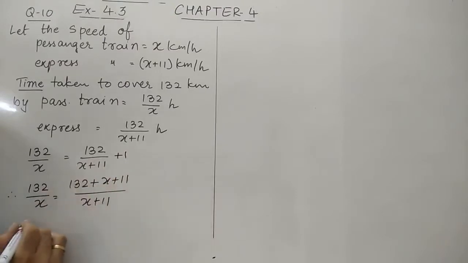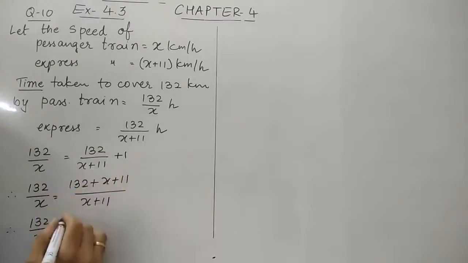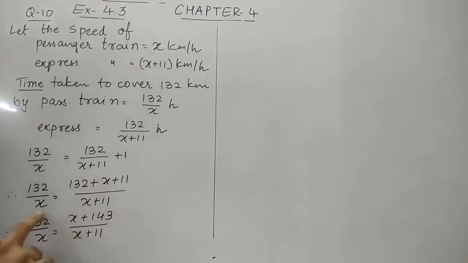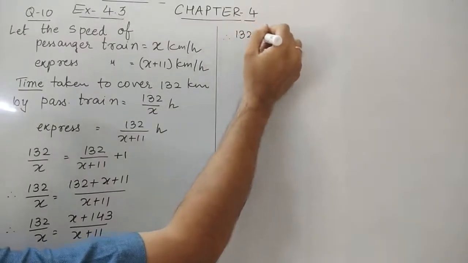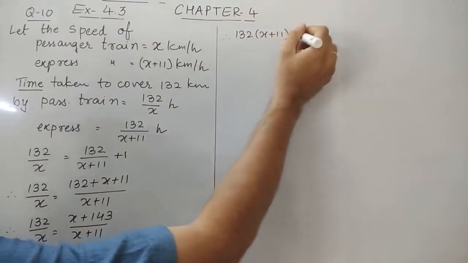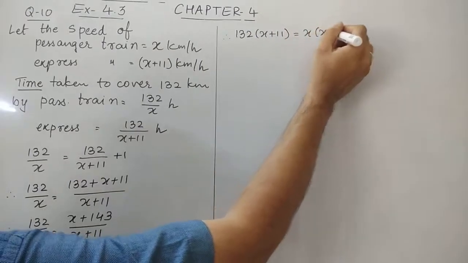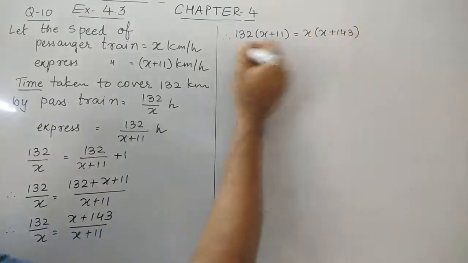So now we can write 132 upon x. The like terms are these two, so it is x plus 143 upon x plus 11. We can do the cross multiplication. 132 multiplied with both the numbers, so that is 132 into x plus 11 and x into x plus 143. So let us multiply.